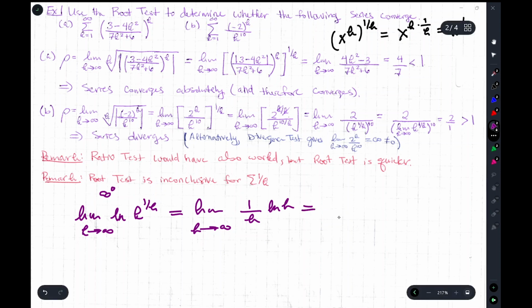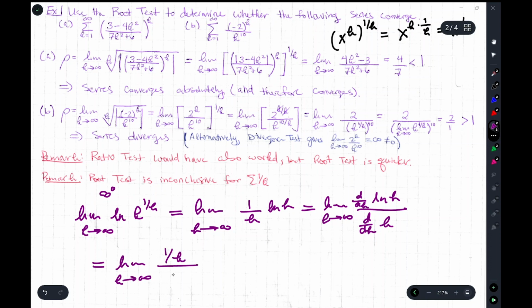Now we have the indeterminate form infinity over infinity, and there we just apply L'Hopital's rule, and we get the derivative of natural log of k all over the derivative of k, and we end up with this term here, and that's 0.